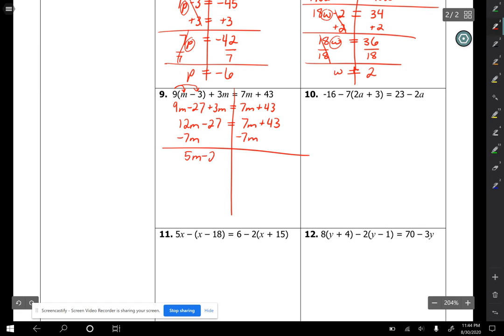Five m minus 27 equals 43. Add 27 to both sides. 5m equals 60. Divide by 5 on both sides. M equals 12.